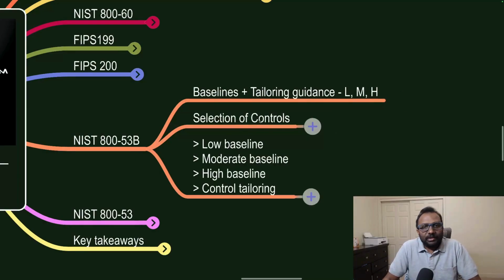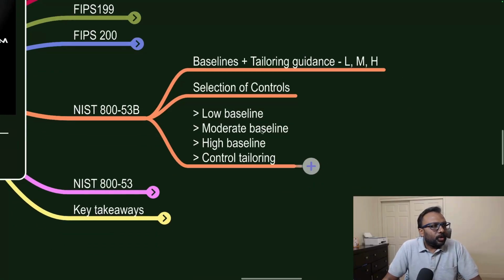It helps us with the selection of controls: low baseline, moderate baseline, high baseline, and control tailoring. Tailoring covers the common controls and the additional, supplementary controls.